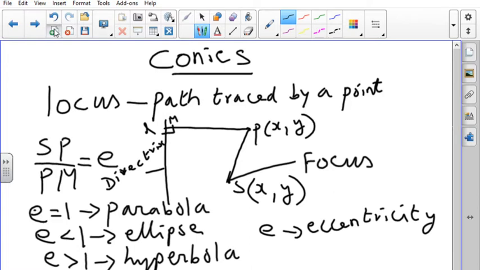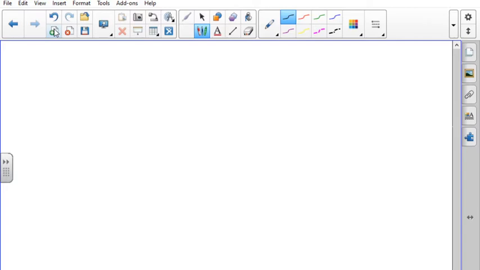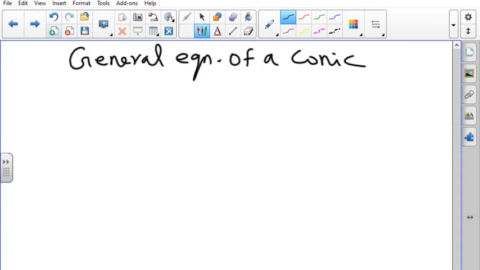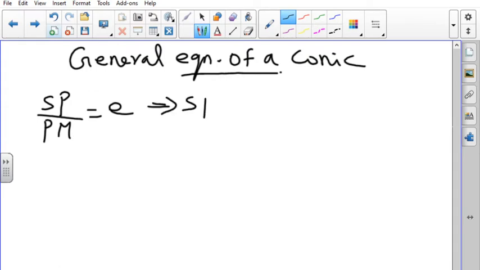So now we see the general equation of a conic. We have seen that SP by PM is equal to E. So SP is equal to E into PM. SP is the distance between the 2 points.